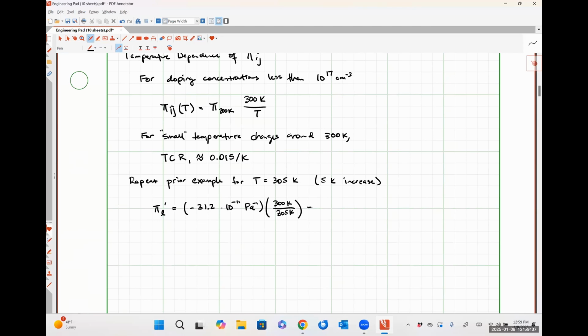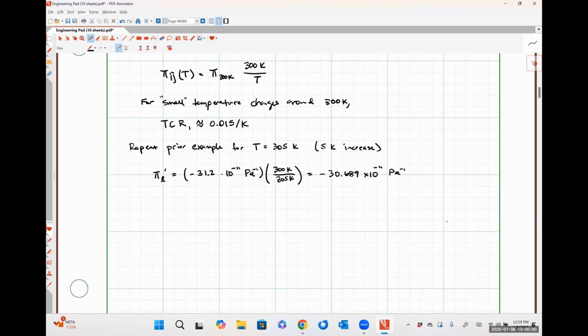So our new piezo-resistive coefficient comes out to be negative 30.689 times 10 to the minus 11 per Pascal. So slightly smaller, which is what we should expect because we have an inversely proportional relationship with temperature.